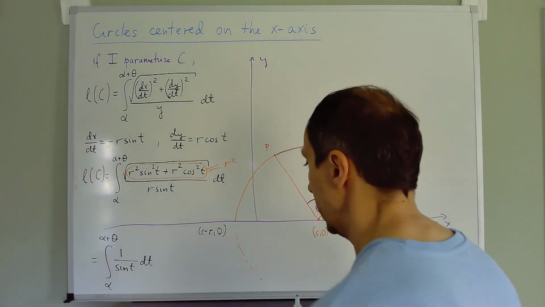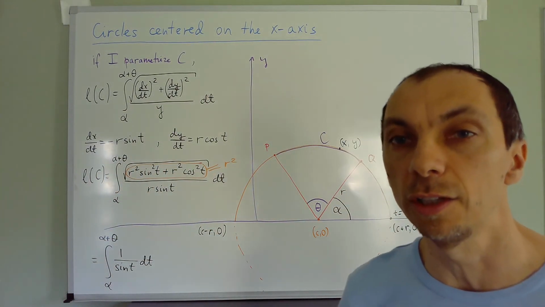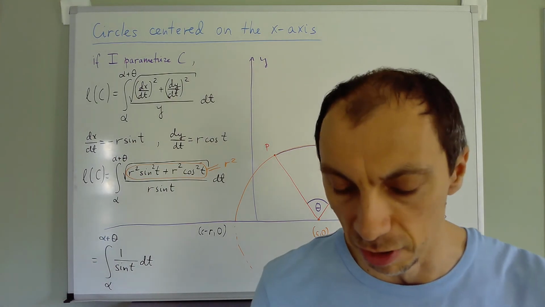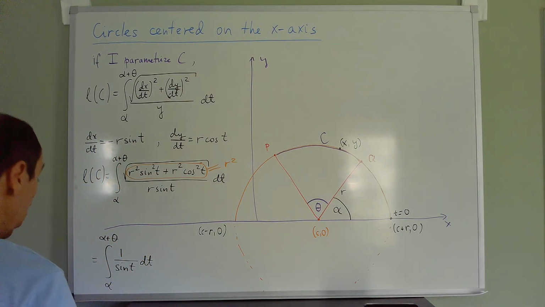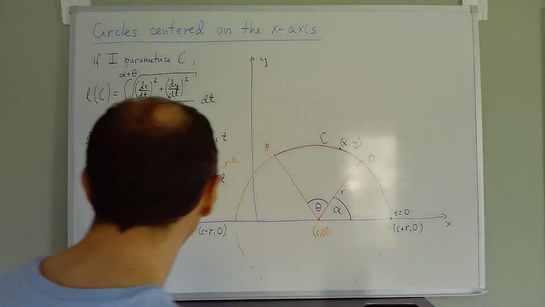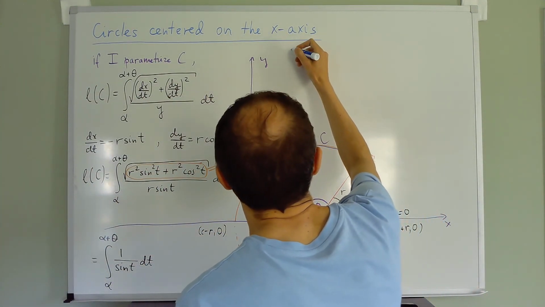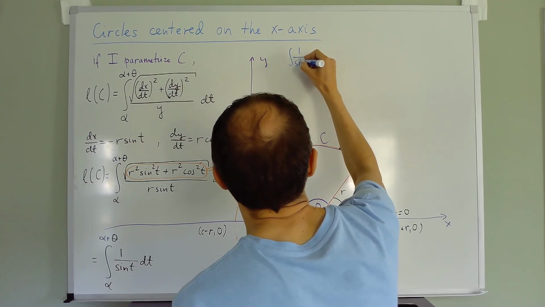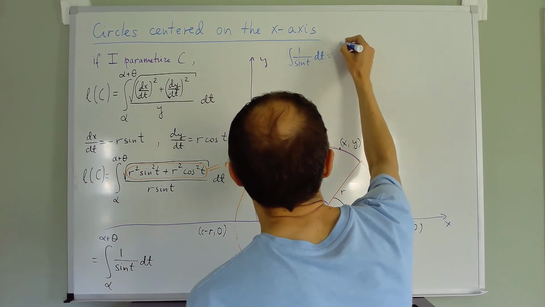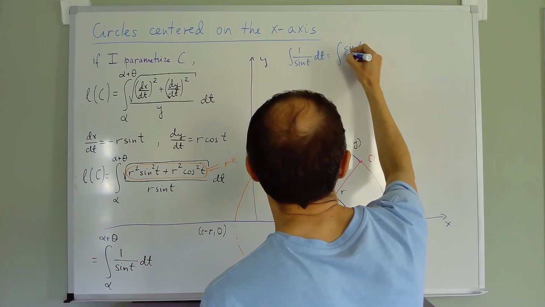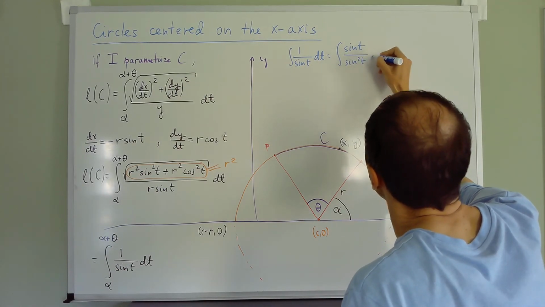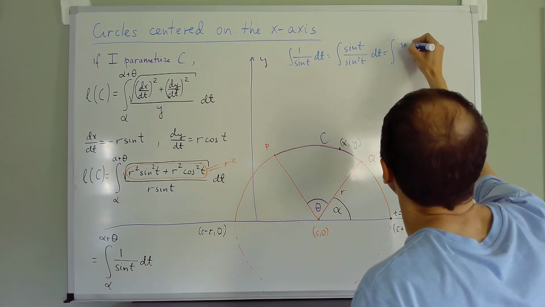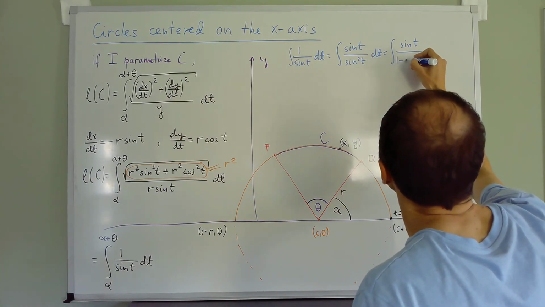All right. Let's actually compute what this integral is. This has nothing to do with foundations of geometry. This is just calculus. I'm going to do this quite quickly because, as I said, that's not really part of our course here. So the integral of 1 over sine t dt, I can multiply top and bottom by sine t, and then I have sine squared t, which is the same as 1 minus cosine squared t.